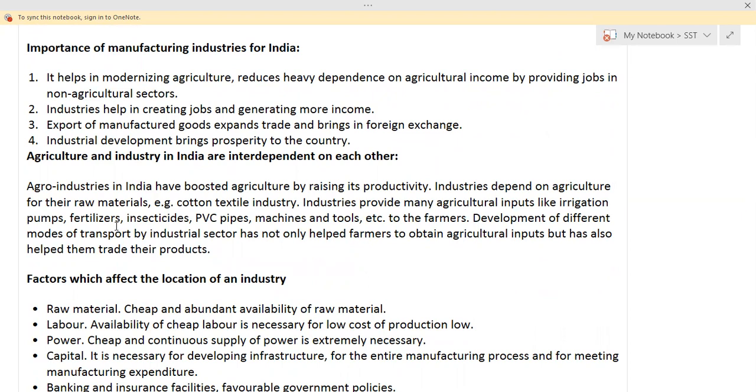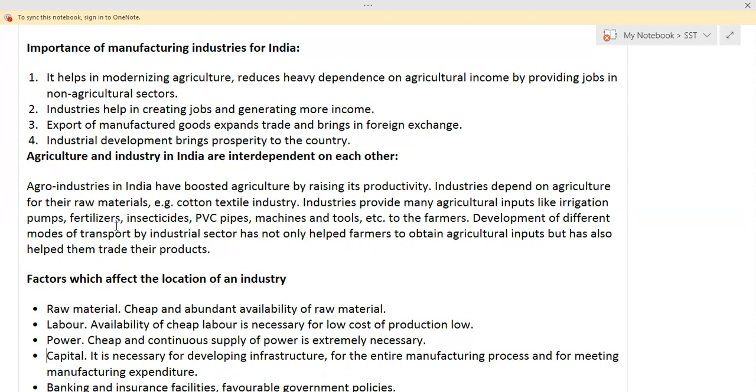As it provides jobs to non-agricultural sectors, employment increases, and they are able to sell their material to the agricultural sector and are no longer dependent on agricultural income.